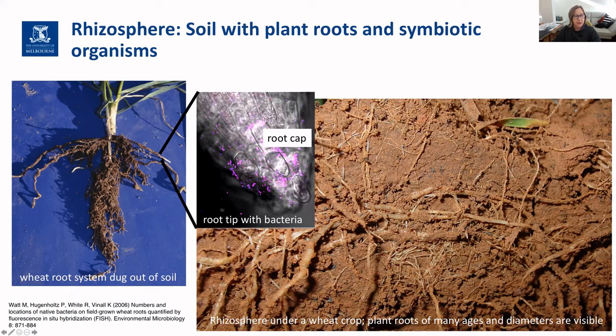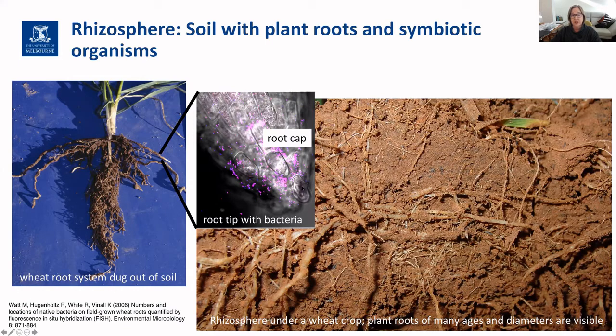If we put one of these root tips where the root is growing under the microscope and stained and put a special dye to be able to see any microorganisms associated with the root, this is what we would see right here. This is a tip that is covered in what's called the root cap, these very special big root cap cells. And all of these pink and blue dots are bacteria that are associated with the root.